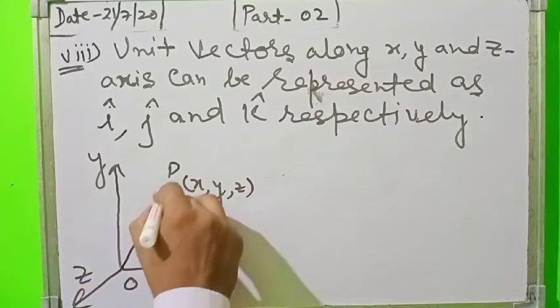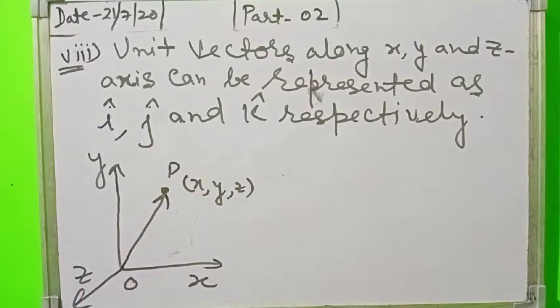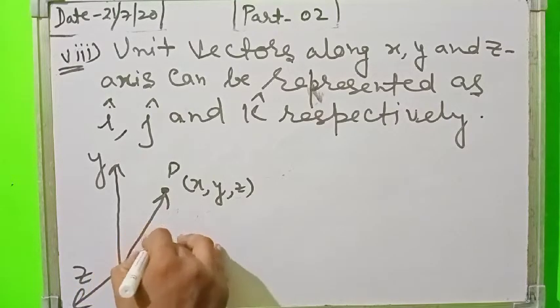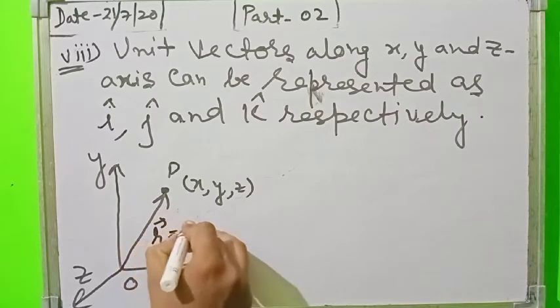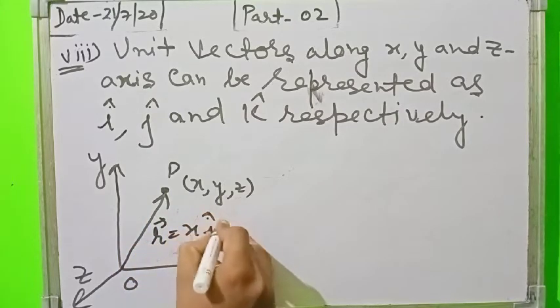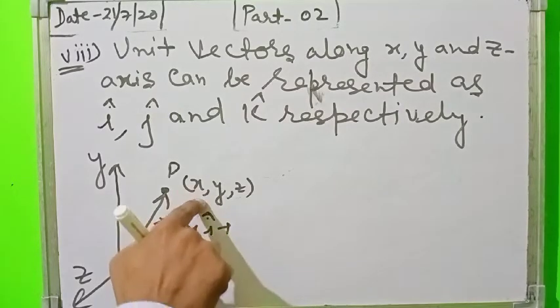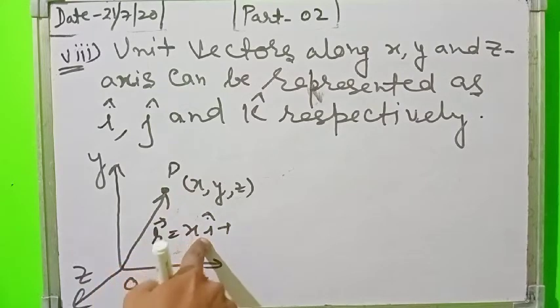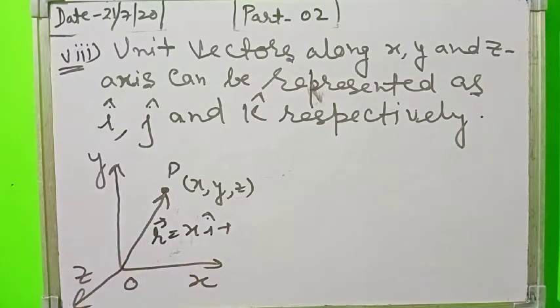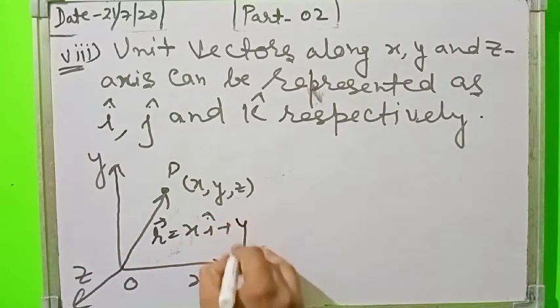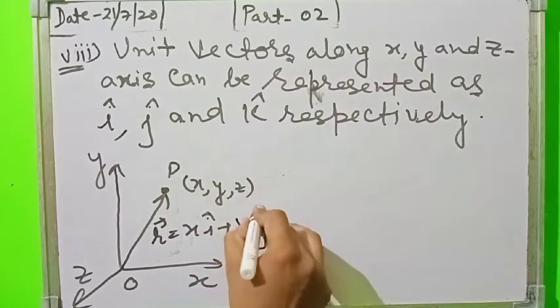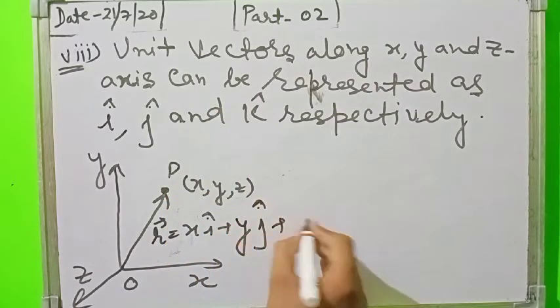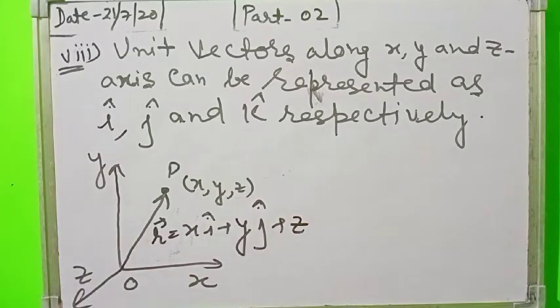Then the position vector r can be represented by x i cap plus y j cap plus z k cap, where x is the magnitude along x axis, y is the magnitude in y direction, and z is the magnitude in z direction.